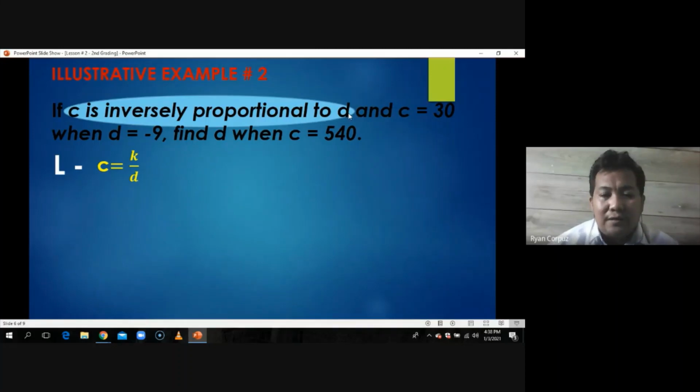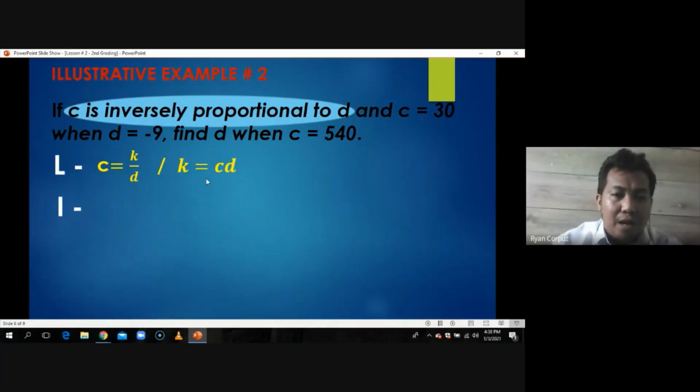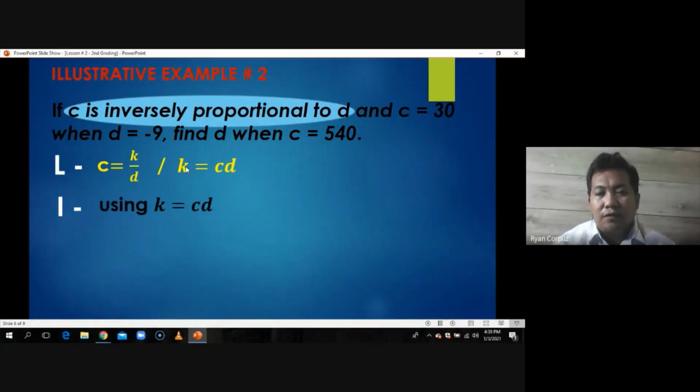And for the other translation, always remember kapag inverse yan, ang constant K niya is equal to the product of the two quantities. C and D lang naman yon. So we'll come up with K is equal to CD. Then, applying the second step, itong pangalawang form equation na equal to K is to be used in order for us to find the constant of variation.